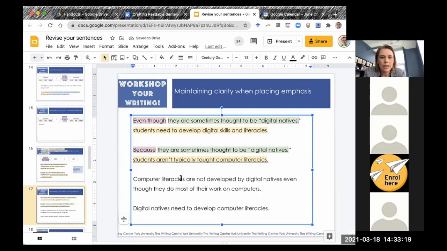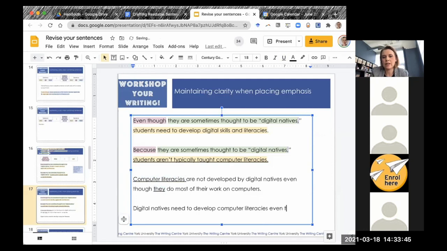Okay, so because computer literacies is here in our subject position, this they, which is a pronoun, is referring back to the subject, computer literacies, rather than digital natives, which it should be modifying, right? So now we end up kind of in a pickle because our sentence has become ungrammatical.